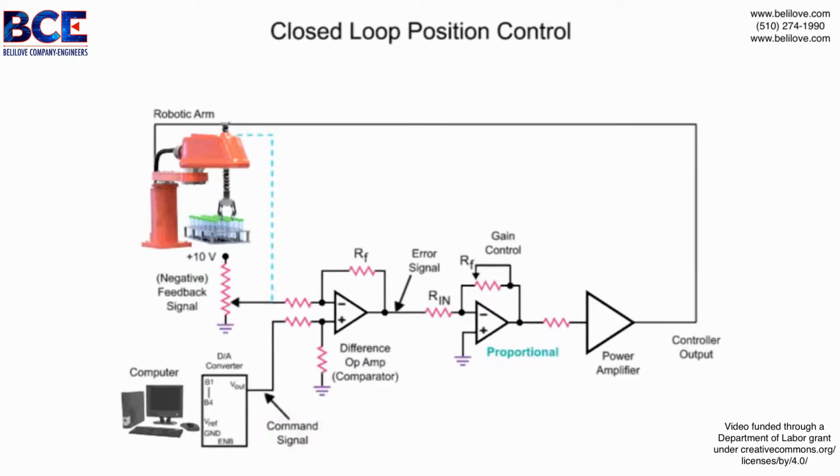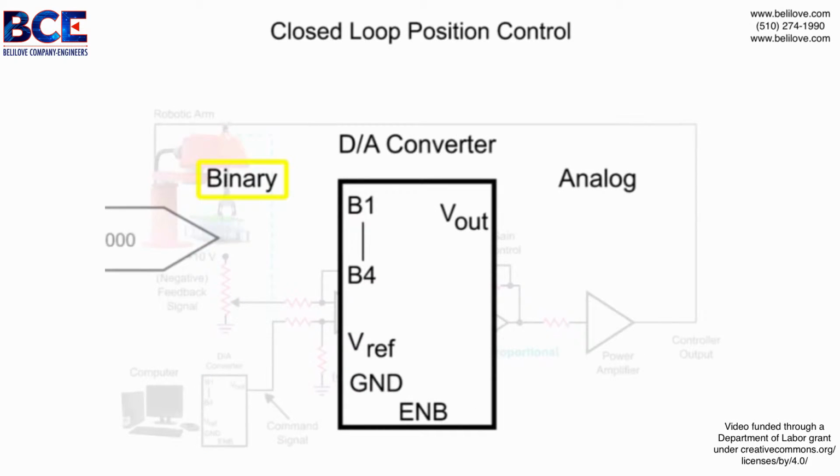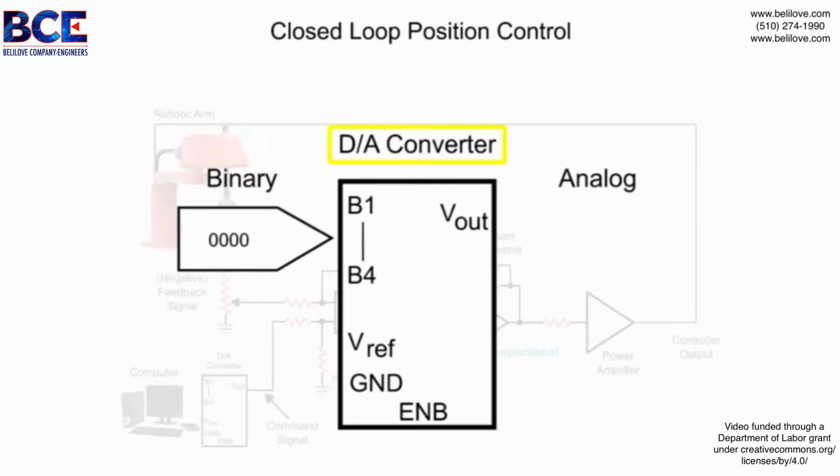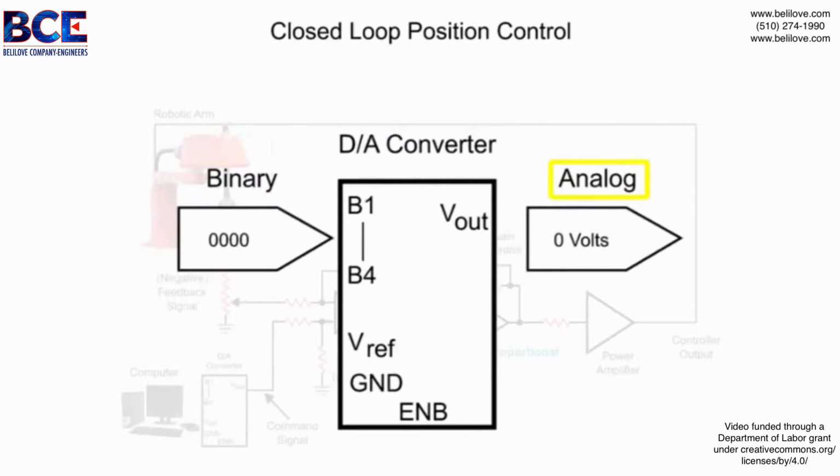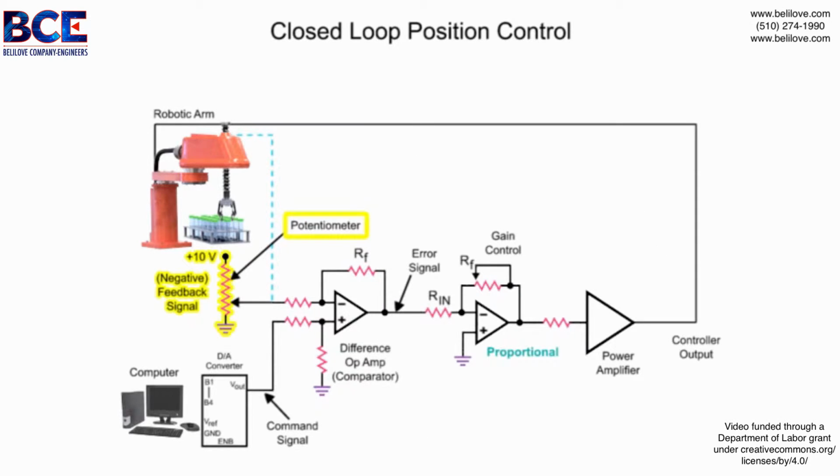The analog command signal voltage produced by the digital to analog converter determines the position of the arm. The potentiometer attached to a robotic arm in the circuit indicates the actual position.